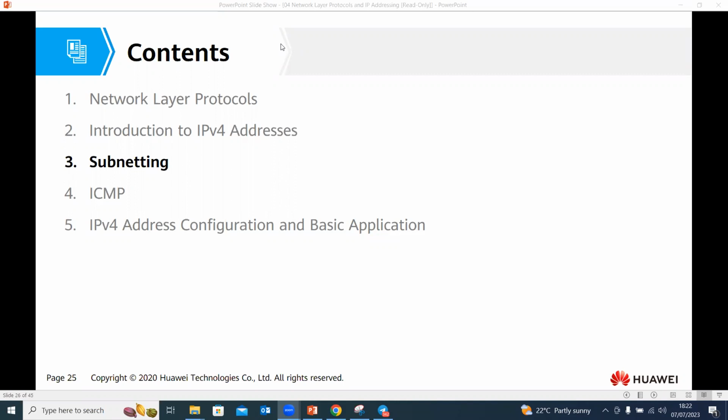So it creates small networks, subnets, which you can call local area networks. As a network engineer, they will give you a network address for that particular university, campus, or company, and it's up to you to divide it into small networks depending on the number of departments or faculties you have.